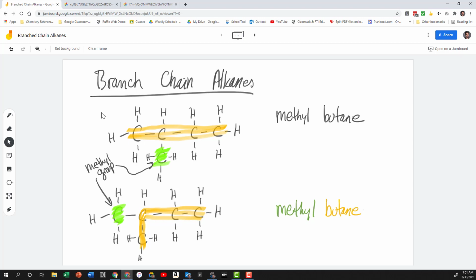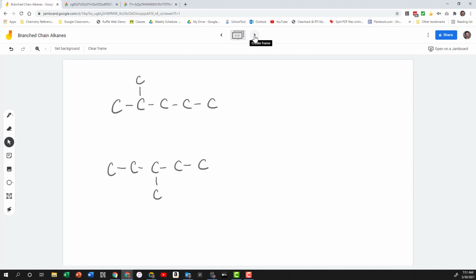Okay, so let's say we have 1, 2, 3, 4, 5. Now I'm going to go like this. What type of compound is this guy? Like, what's the main chain, the longest continuous chain? Okay, there we go. What is the longest continuous chain?